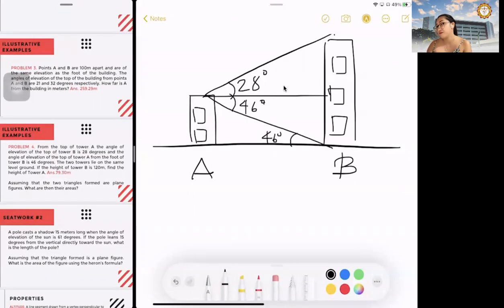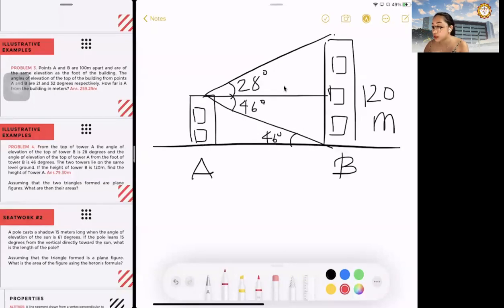Yeah, from the foot, yes. The angle of elevation of the top of the tower A from the foot of the tower B is 46 degrees, all right? The two towers lie on the same level ground. The height of tower B is 120, so this is really higher. Find the height of the tower A.